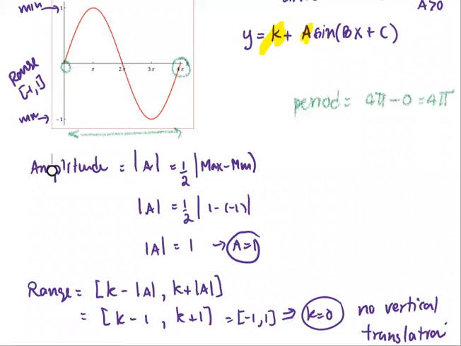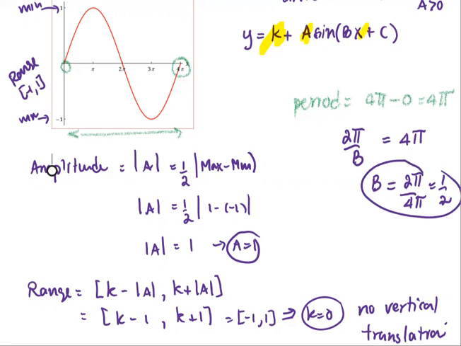The formula that we use to compute the period is 2 pi divided by b. So equate 2 pi divided by b with 4 pi, and then we solve for b. We get b equals 2 pi divided by 4 pi, which is 1/2. We got another number, which is the value b.